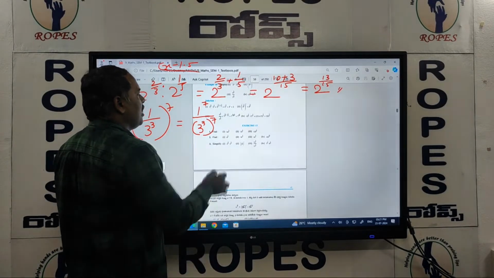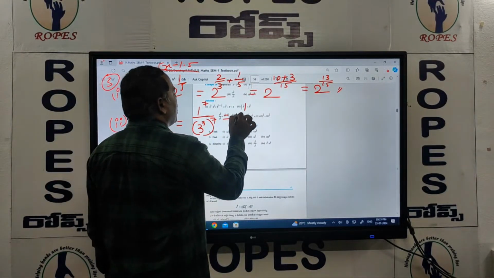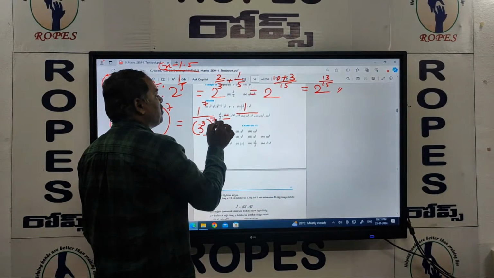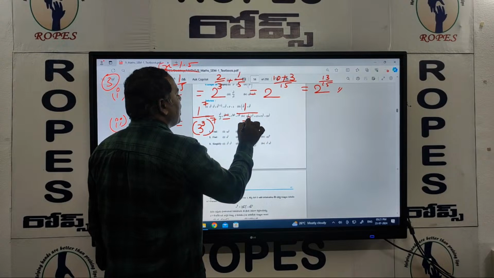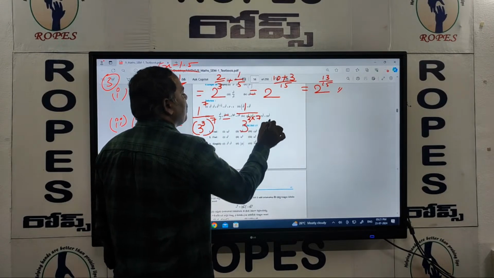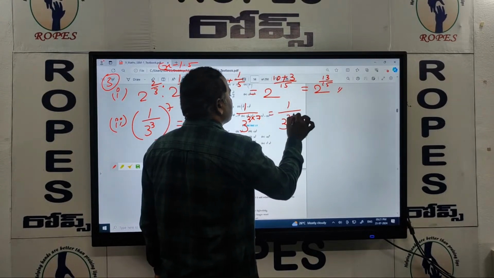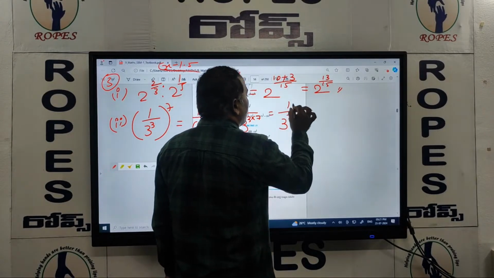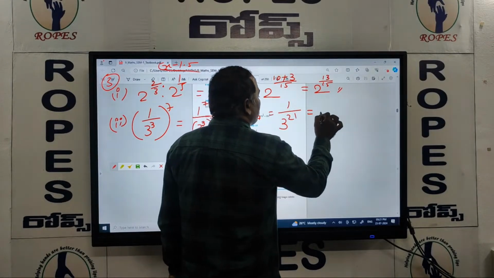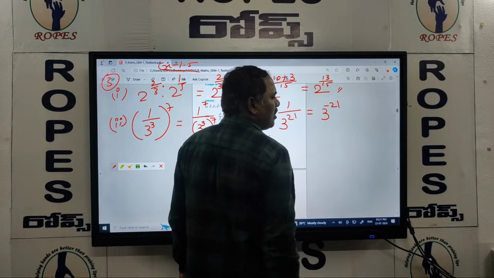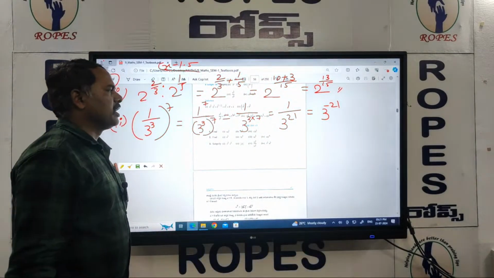Then 1 power 7 is 1, and (3 power 3) whole power 7 by the formula a power m into n, we can write 3 power 3 7s are 21. Again, 1 by a power n is nothing but a power minus n. So 3 power minus 21 we can write.